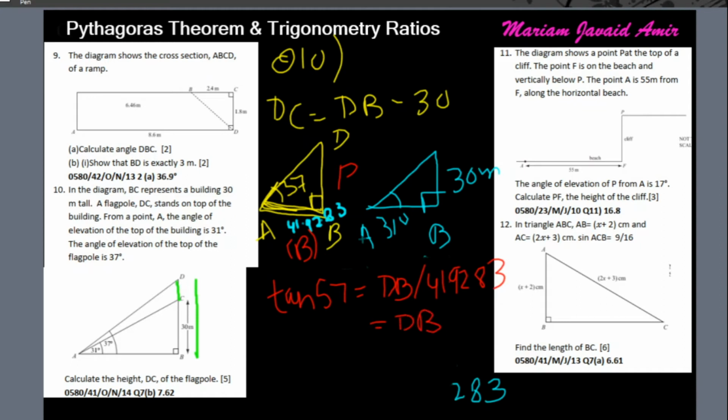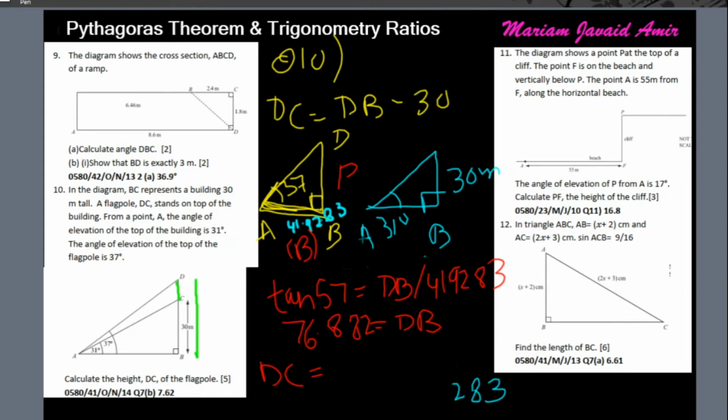So I'll write answer times tan 57, which gives me 76.882, but I'm not getting the final answer. Why is that? I'm getting DC will be this answer minus 30, which is not giving us 7.62.